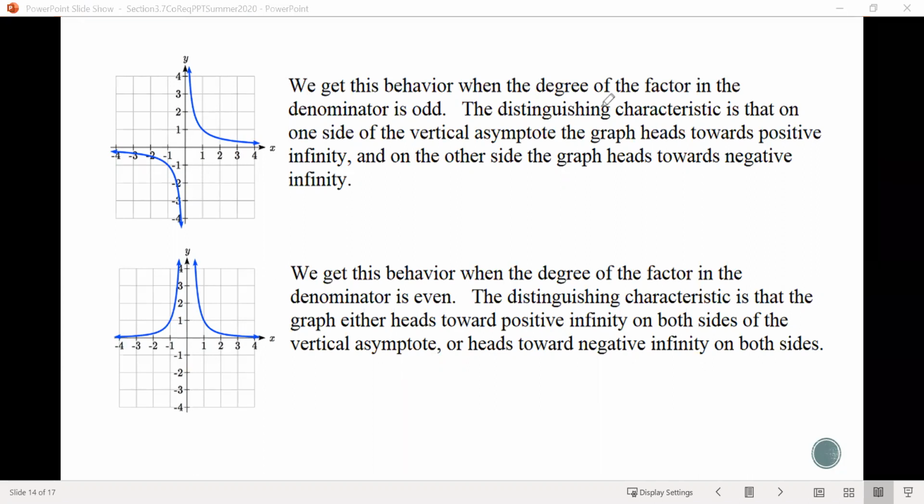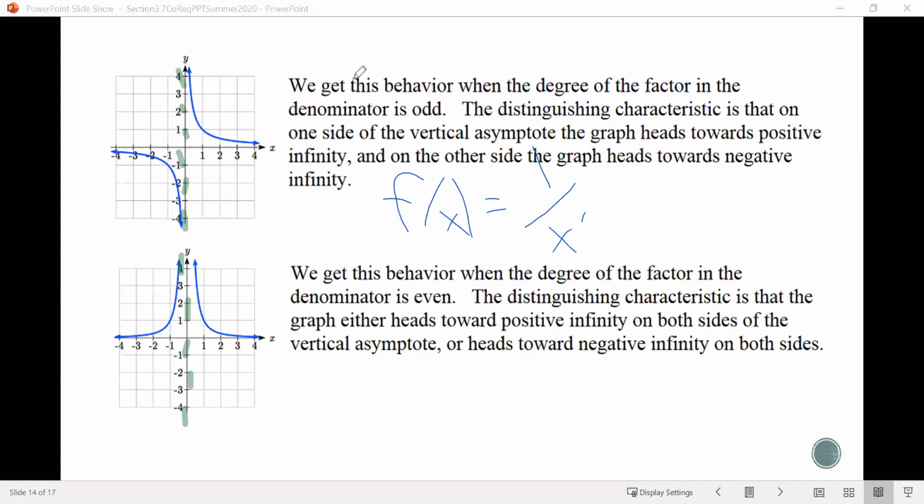Now we're going to look back at the graphs of our reciprocal function and reciprocal squared function to figure this out. Notice the reciprocal function could draw a vertical asymptote right here. And for the reciprocal squared, we know that the vertical asymptote is right here. With the reciprocal function, the formula for which is 1 over x to the first, notice that on each side of the vertical asymptote, the tails go in opposite directions.